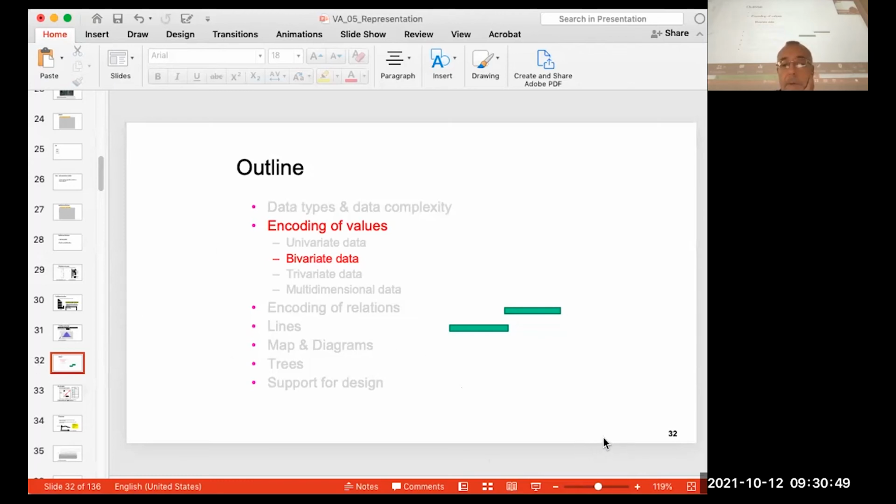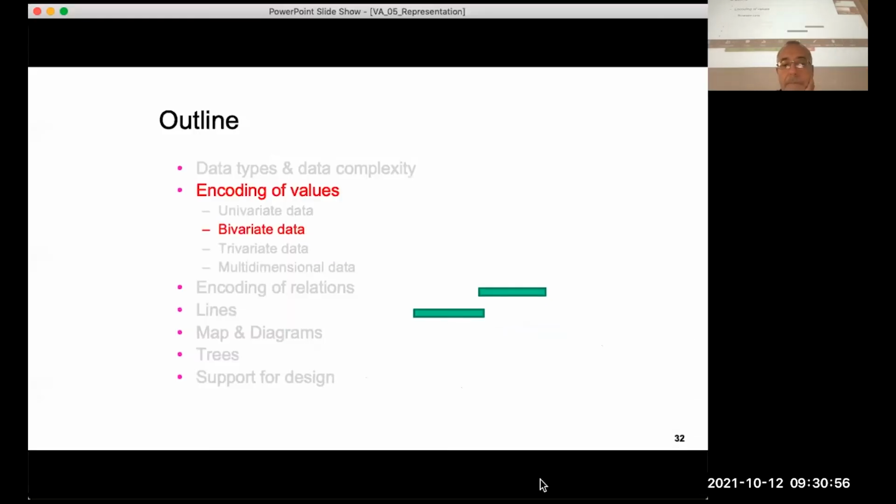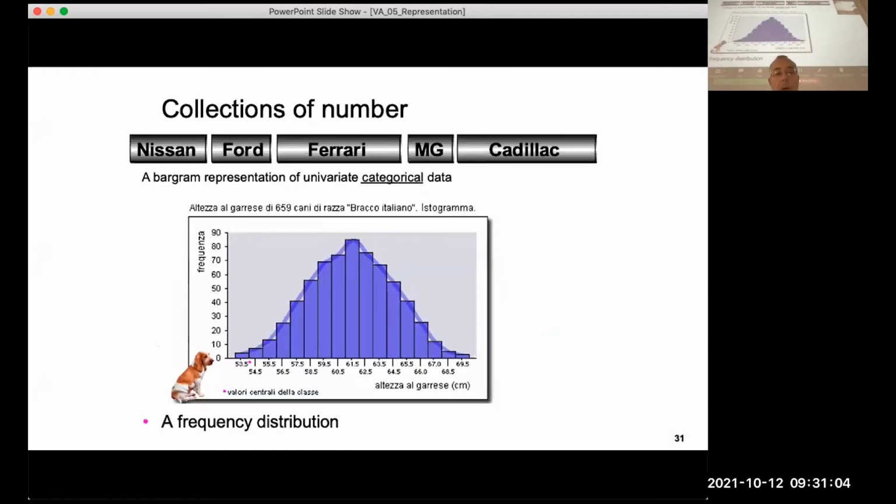And let me go back to the notes. Frequency distribution, we already saw it.